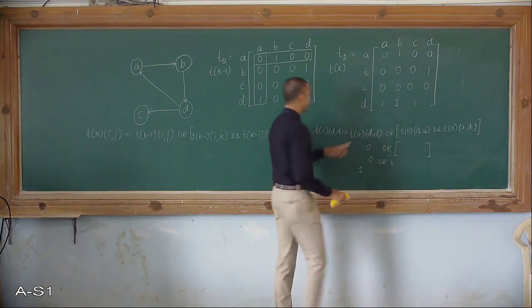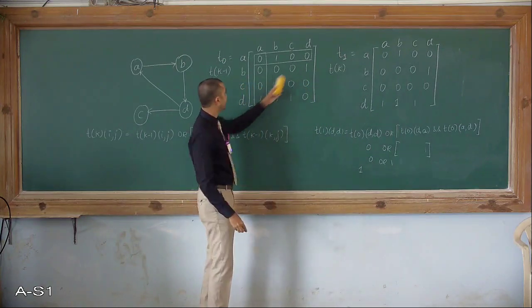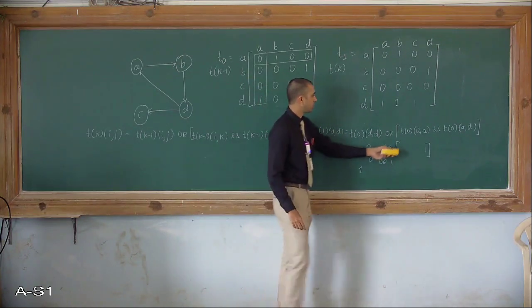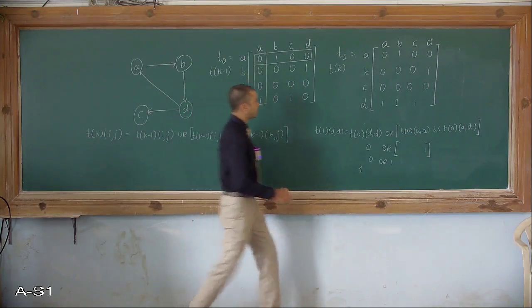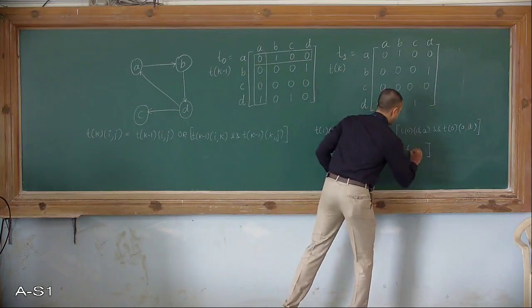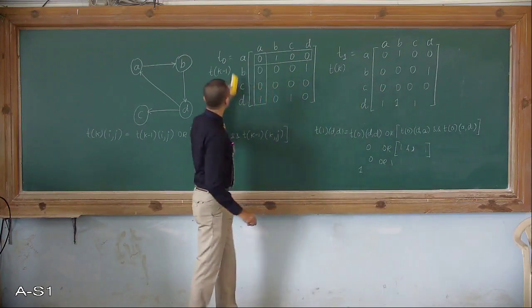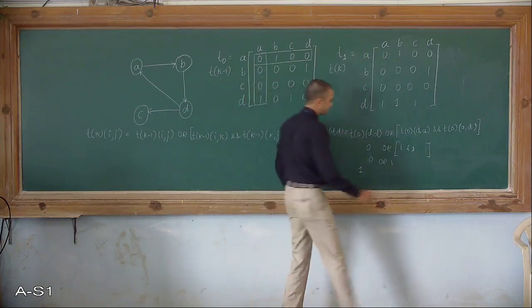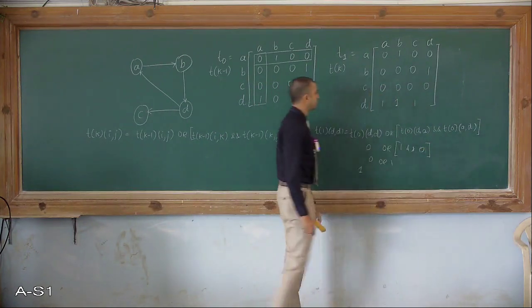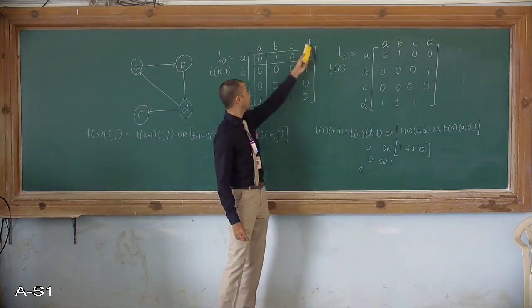In T of 0, what is D to D? In T of 0, D to D is 0, or D to A. D to A is 1. And A to D. What about A to D? A to D is 0. See here, A to D is 0.